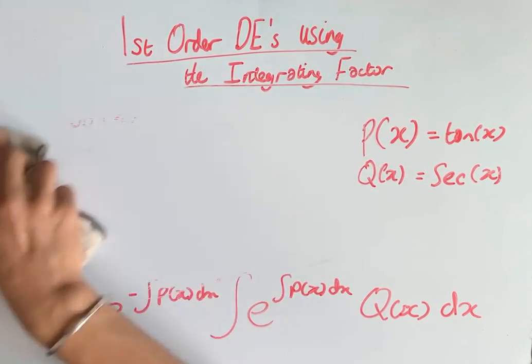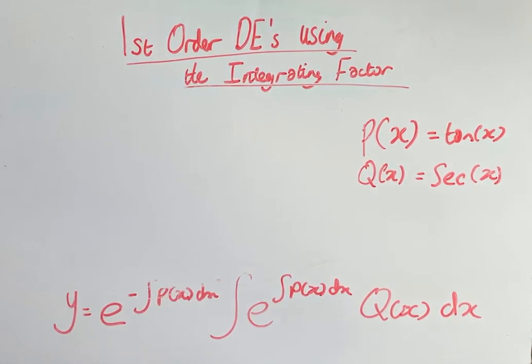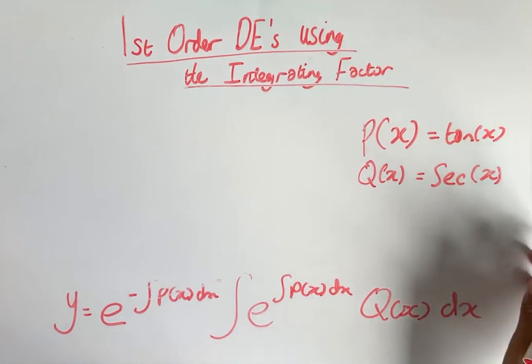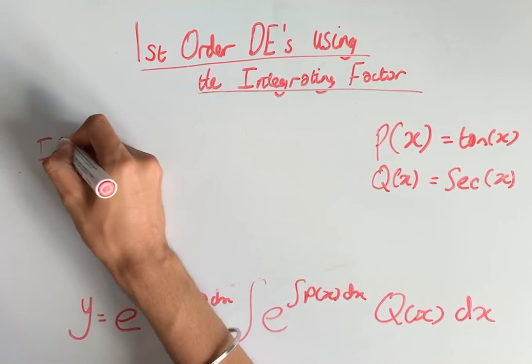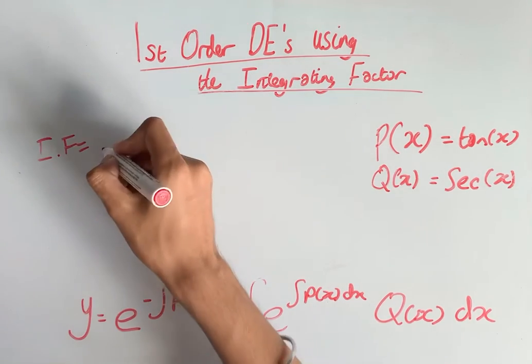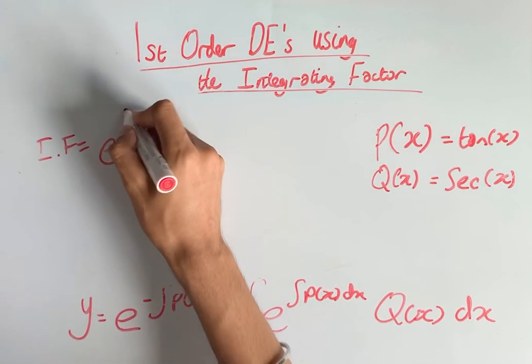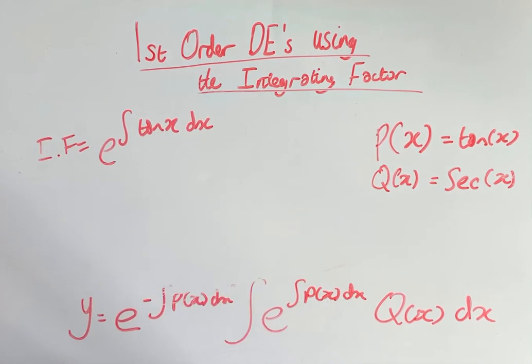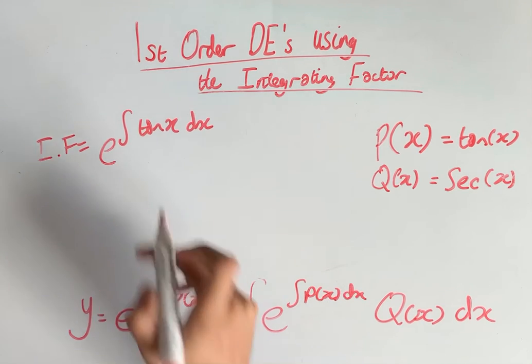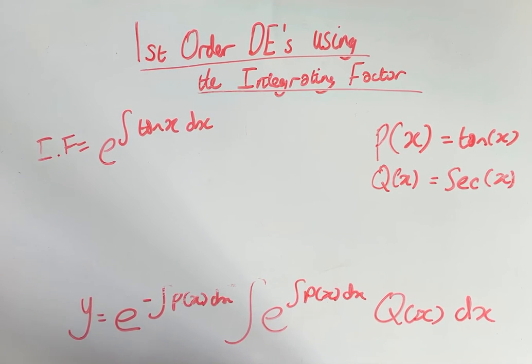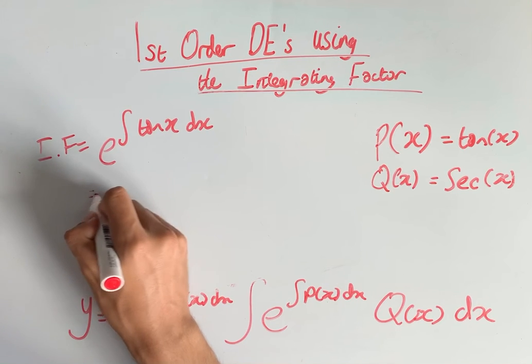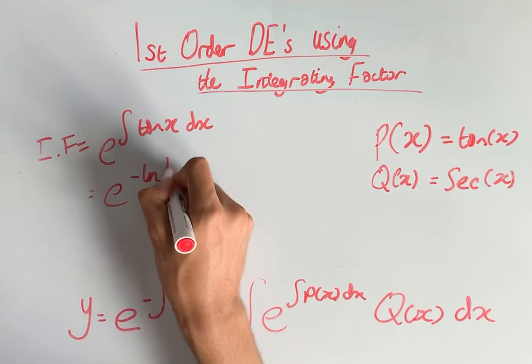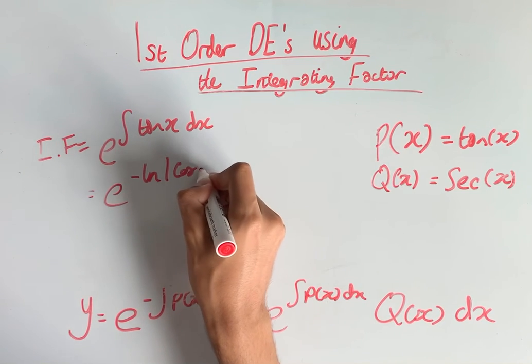I'm going to write it as an integrating factor to make it a bit easier to understand. So IF equals e to the integral of tan x dx. And remember, we ignore any constants. So the integral of tan x: tan is sin over cos, and cos and sin are derivatives of one another. So when you have a fraction like that, you find that it's equal to e to the minus ln of cos x.